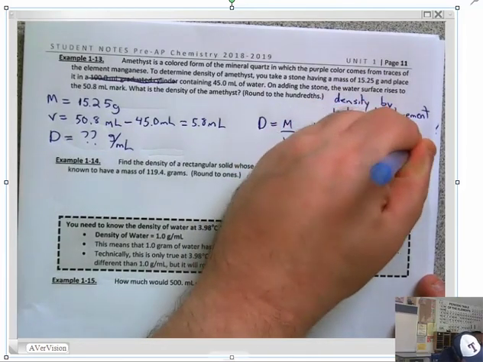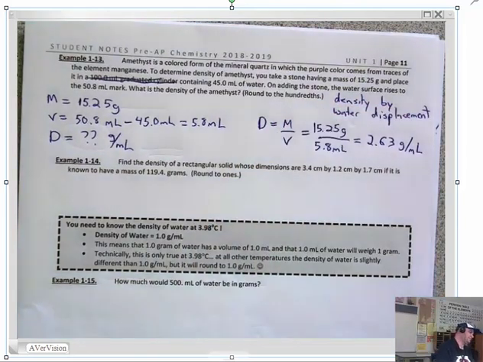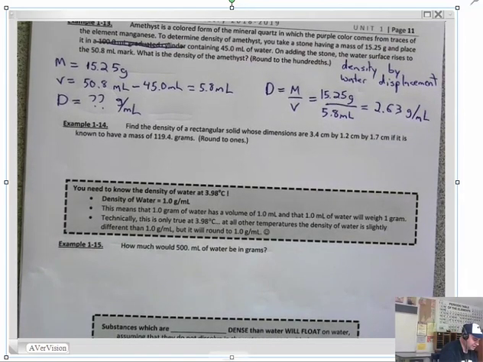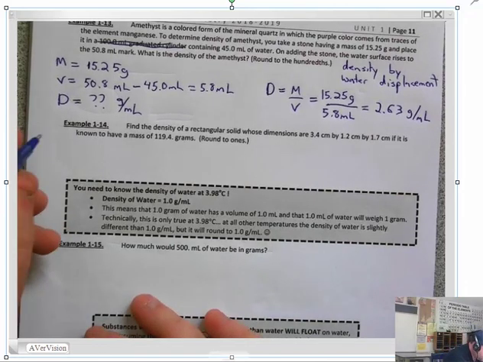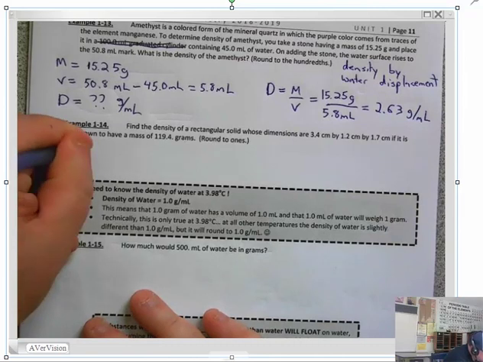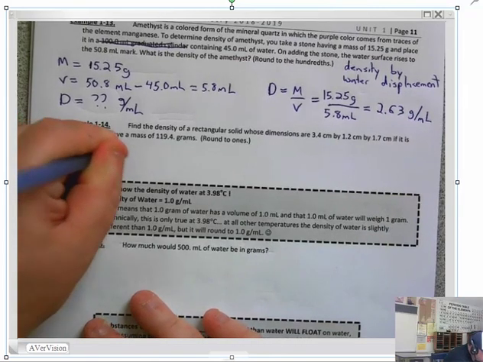2.63 grams per milliliter when you divide those two numbers. Easily done. Find the density of the rectangular solid whose dimensions are 3.4 by 1.2 by 1.7 if it is known to have a mass of 119.4 grams. Oh, we know the mass is 119.4 grams.